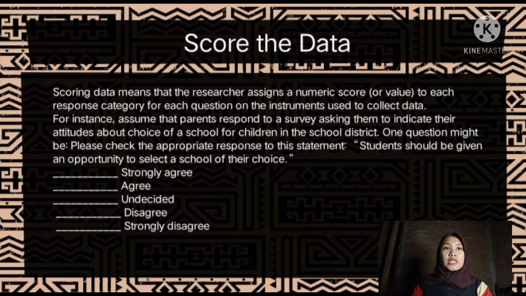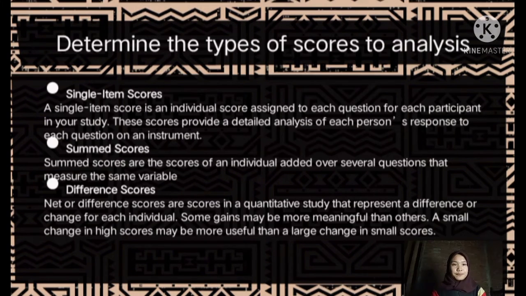One question might be, please check the appropriate response to this statement: Students should be given an opportunity to select a school of their choice. Strongly agree, agree, undecided, disagree, and strongly disagree.